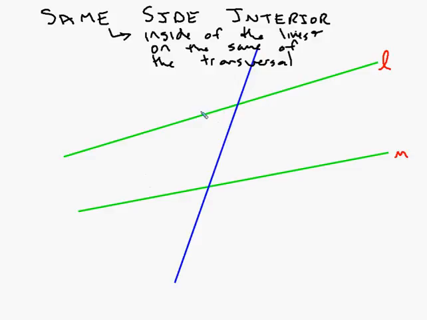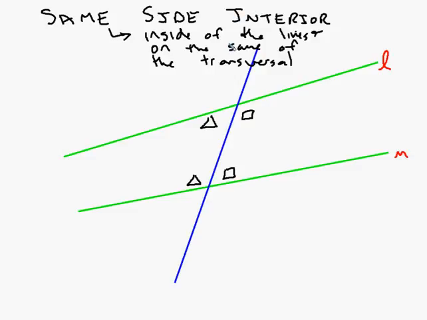Alright, so if I put a little triangle here, a little triangle there, those are same side interior. They're inside the lines and they're also on the same side of the transversal. And where I put my square here and my square there, those are also same side interior. See, basically these terms define themselves. They're on the same side and they're on the interior.